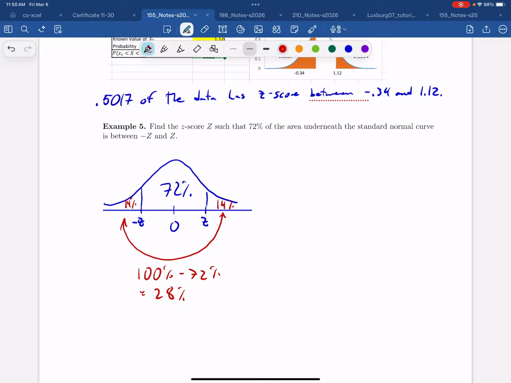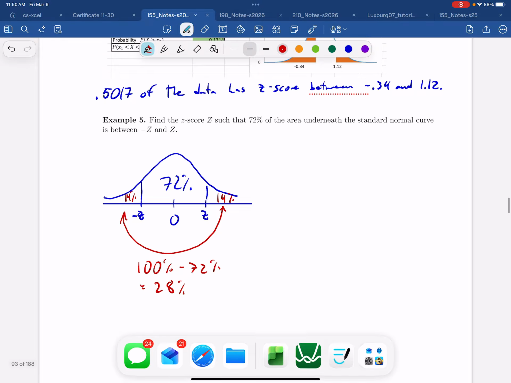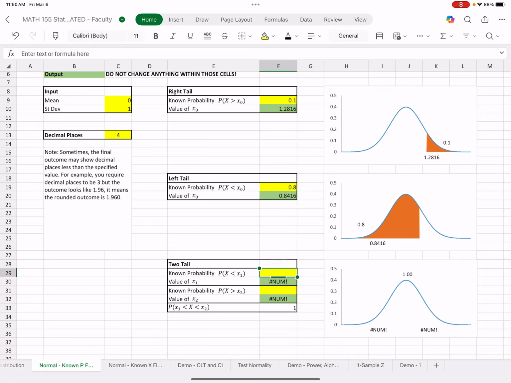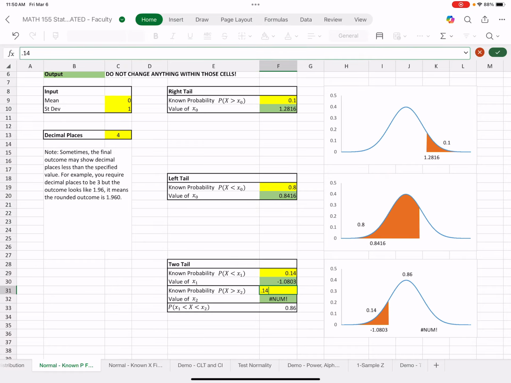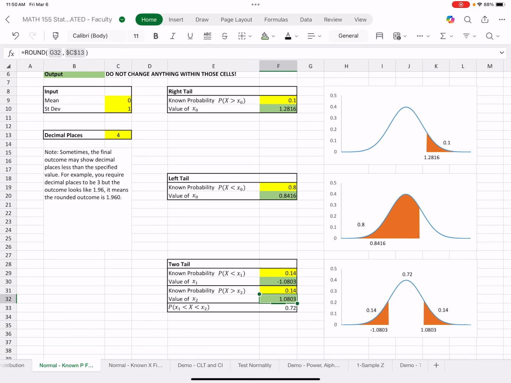So if we go back to Excel, we're going to say the probability that x is less than x1 is 0.14. Probability x is bigger than x2 is also 0.14. And we have that. So you see how 0.72 is right in between? That's exactly what we were looking for.